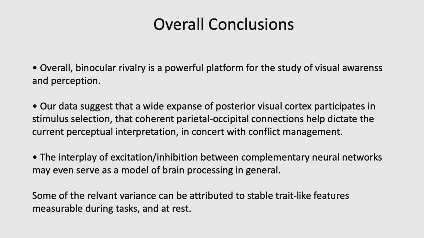Those of you who are really into MEG are familiar with the 1/F power drop and the way that those sorts of data are sometimes interpreted in terms of neural noise. Some of the data that I'm not going to show you directly is where we can predict rivalry rate based on the exponent of that drop in resting state data.